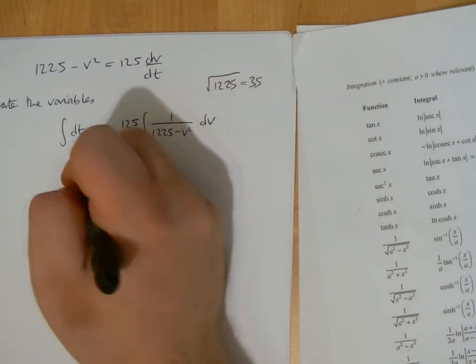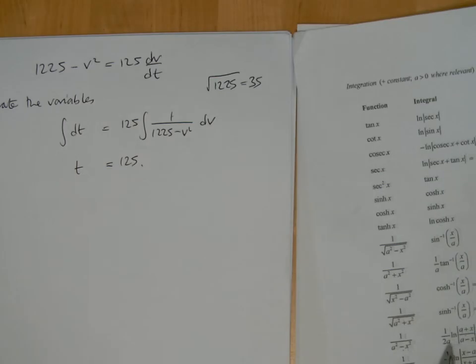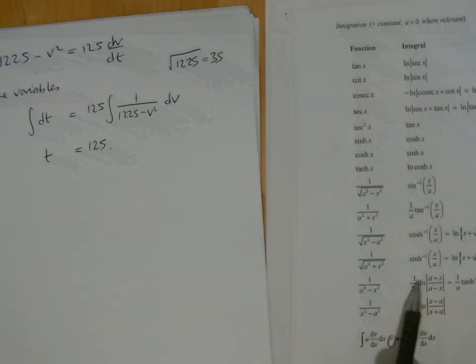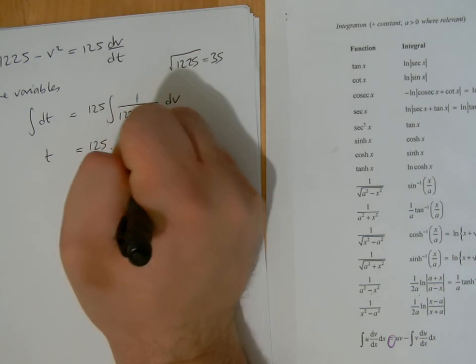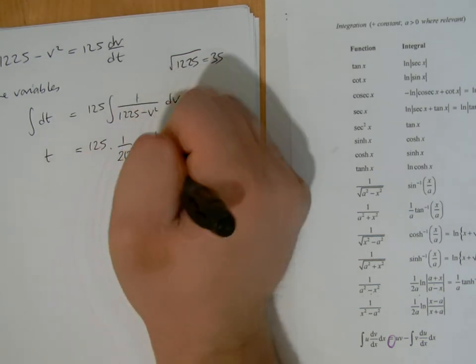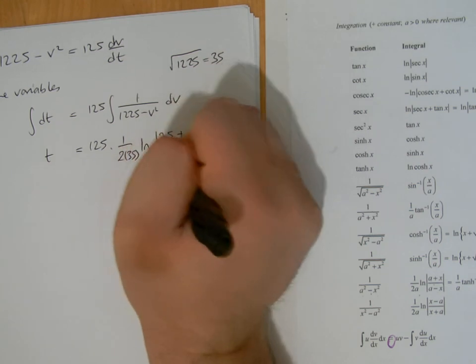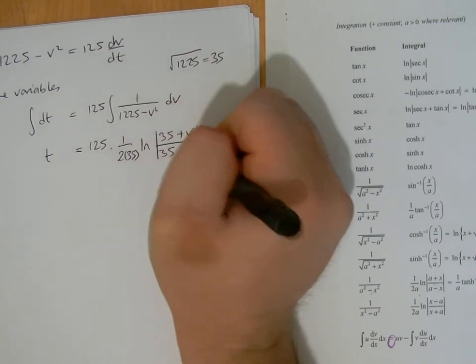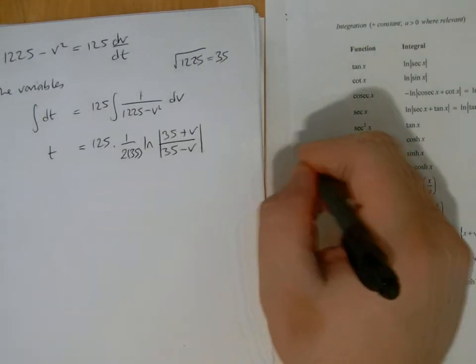So integrate this, you get t, you get 125 here. Using that result then, we've got 1 over 2a, so 1 over 2 times 35, ln of (35 plus v) over (35 minus v). Now again, if you want to, you can put plus c now.